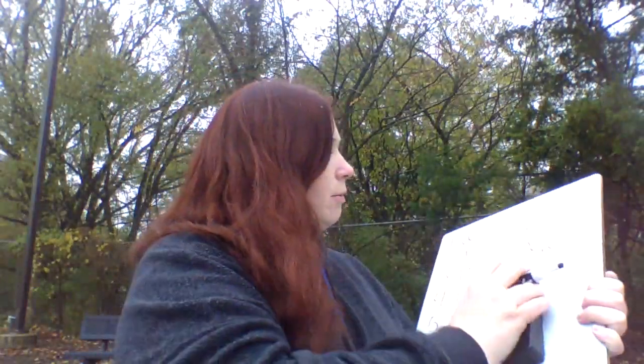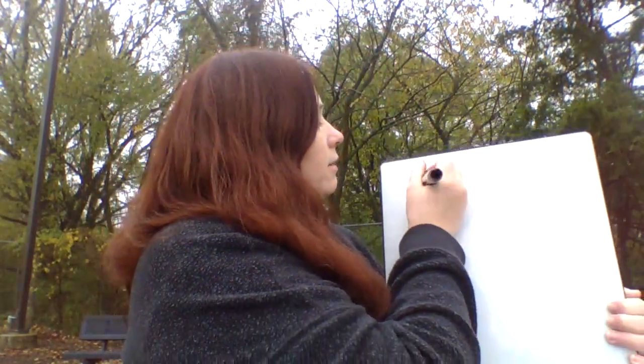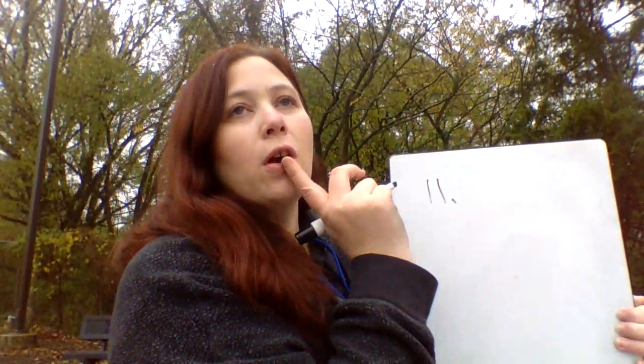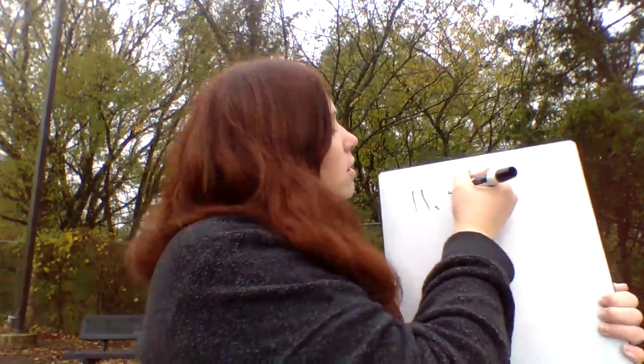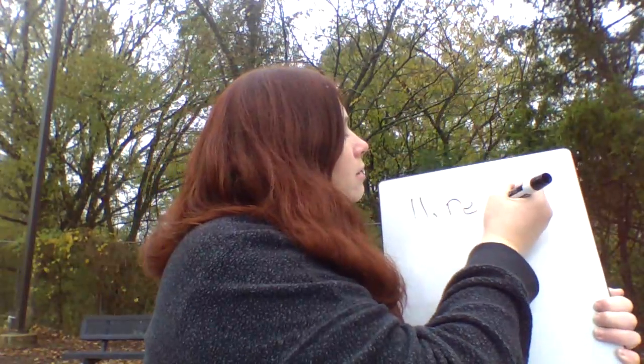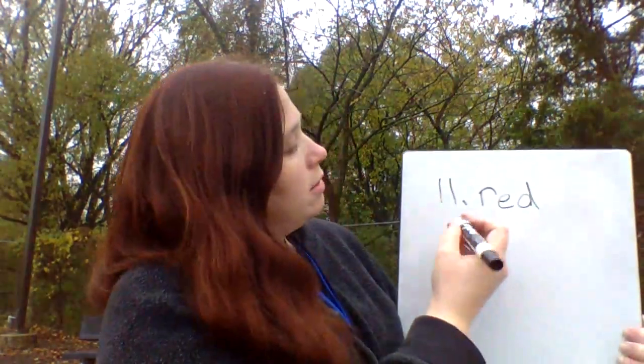I'm going to pause it if you don't have it and write them down. I'm going to erase them. We're going to practice spelling a couple of words. Number 11 is going to be red. Can we sound out red? R, E, D. Red.